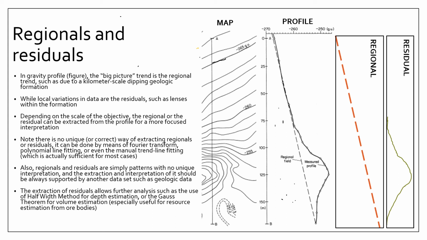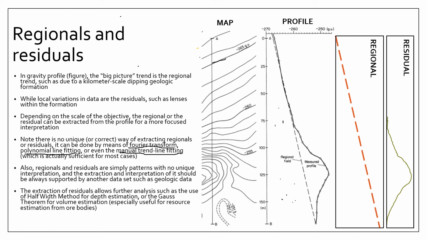So going back, there are many methods you can use to separate the regional from the residual. You can do some Fourier transform. You can do a polynomial line fitting, or my favorite is to just do a manual trend line fit.